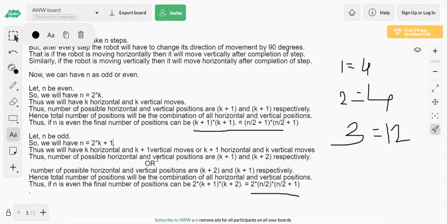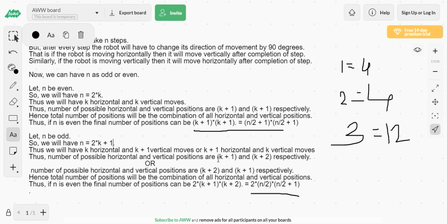Thus, the number of horizontal and vertical positions can be k plus 1 and k plus 2 respectively, or they can be k plus 2 and k plus 1 respectively. Similarly, as we did for the even case, we get (k plus 1) times (k plus 2) as the number of positions.